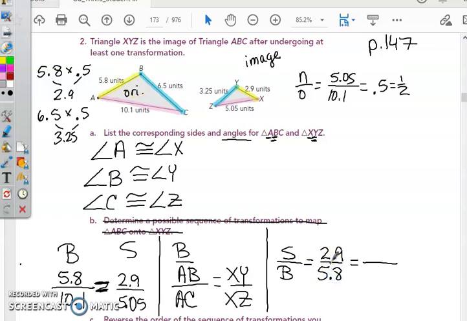And then we were also using pink here, so I could say 5.05. I start on the small, and it corresponds with 10.1. So again, notice when I have those colored, it's a little bit easier. And I believe when you take STAAR, there's tools that you can mark on your shapes.